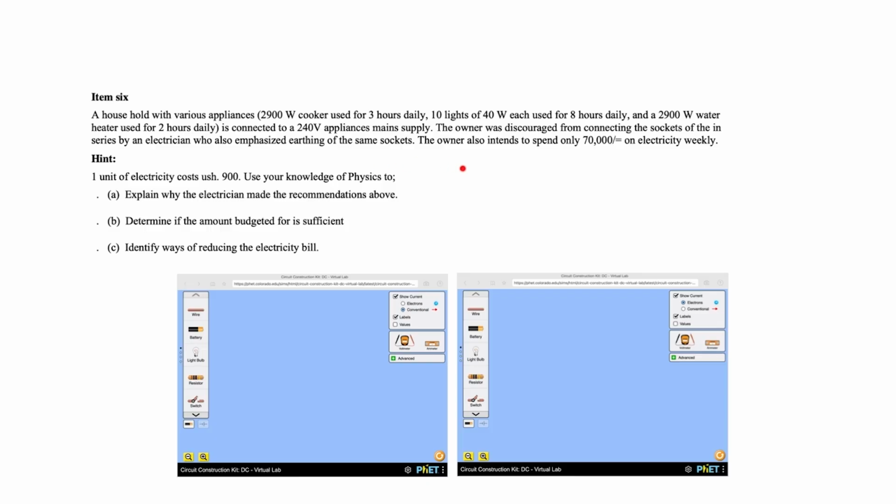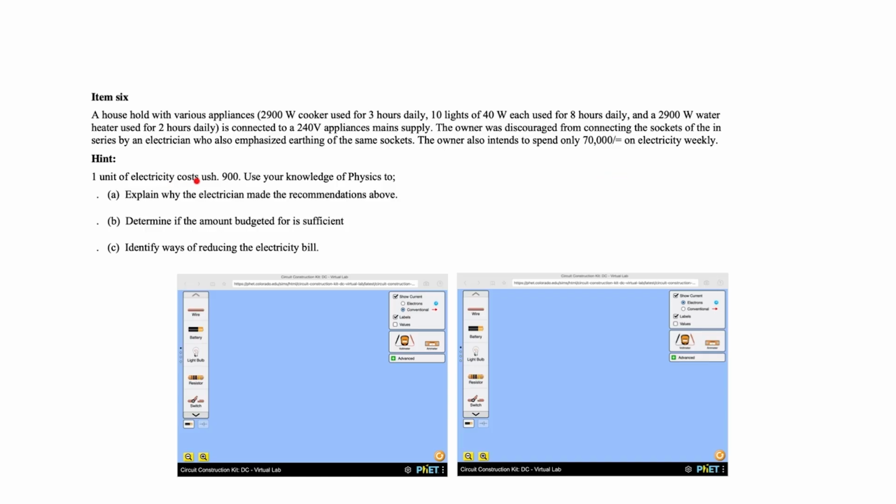The owner was discouraged from connecting the sockets in series by an electrician who also emphasized the earthing of the same sockets. The owner also intends to spend 70,000 shillings on electricity weekly.